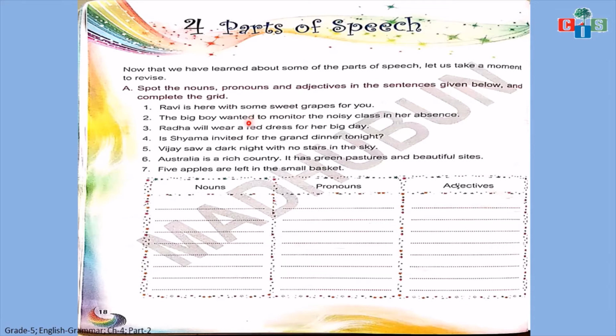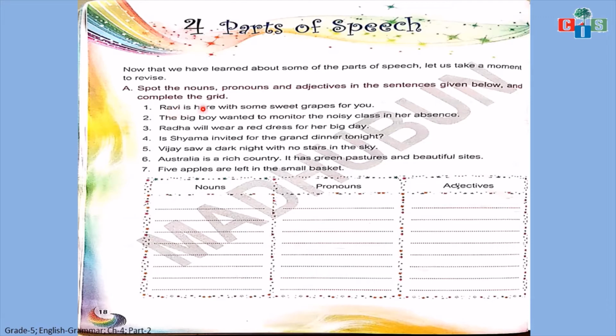Then afterwards you have to write those nouns, pronouns and adjectives in the given grid. You have to do this in your textbook only. No need to write this exercise in your notebooks. Okay scholars, so let's start.